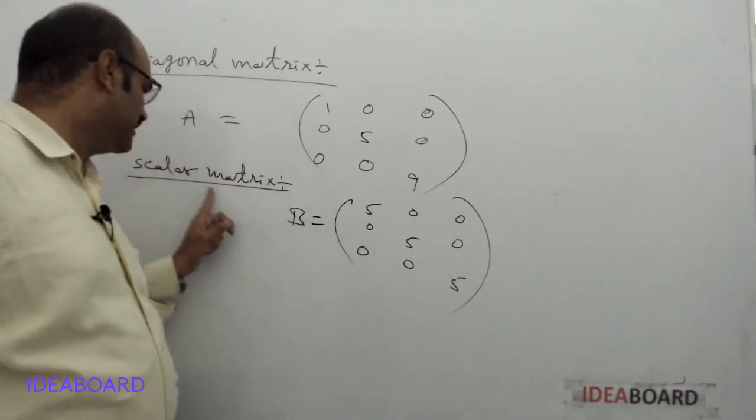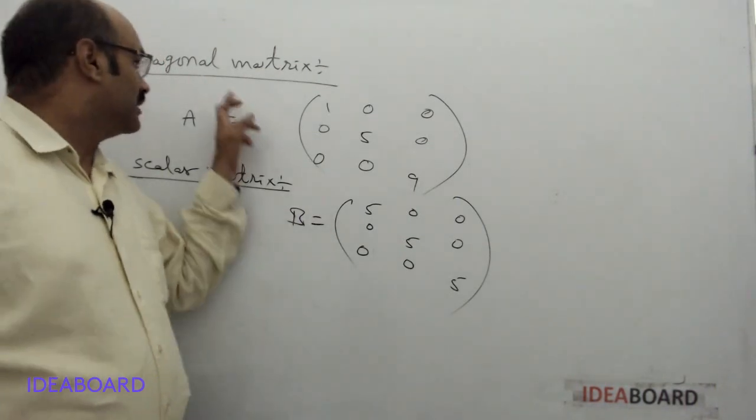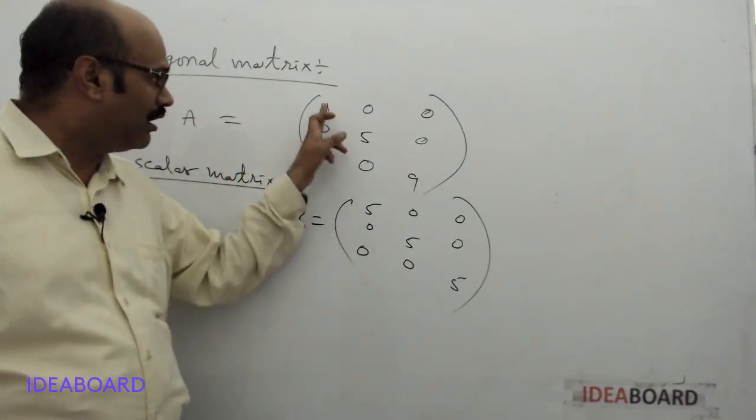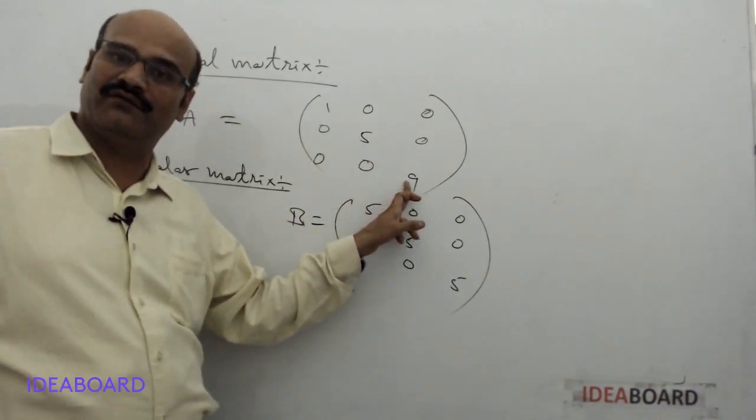So the definition of the scalar matrix is a diagonal matrix in which all the principal diagonal elements are equal.